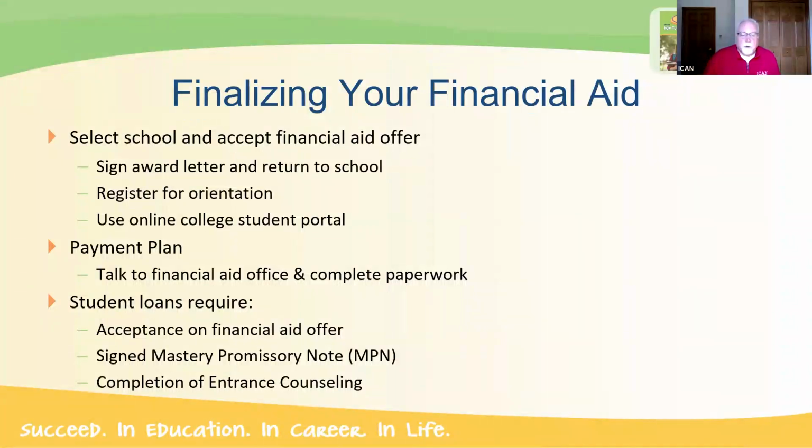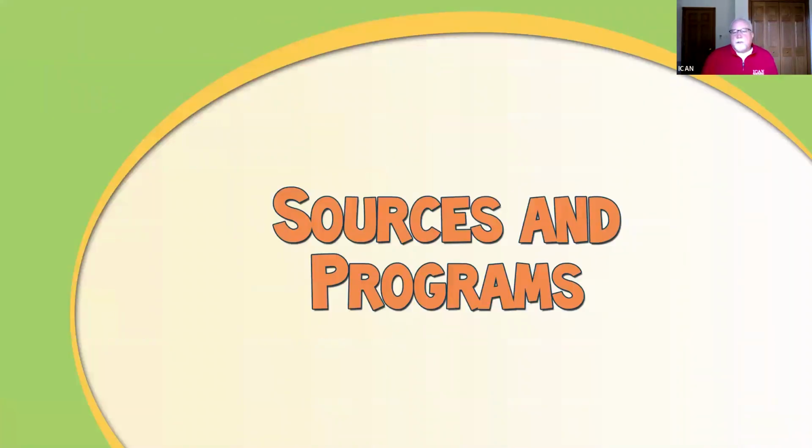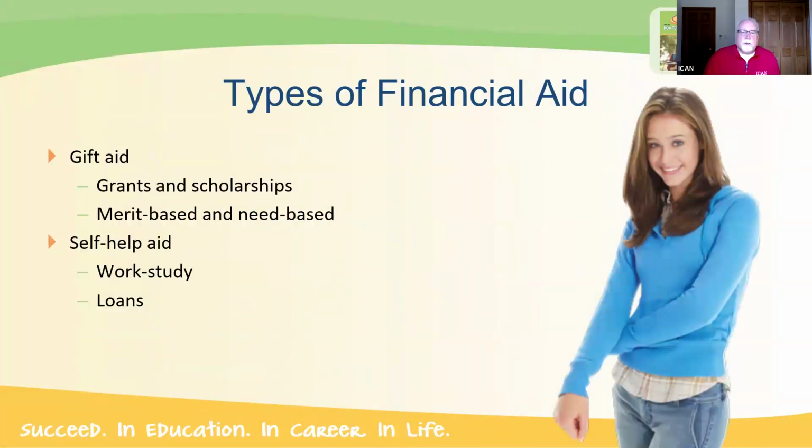So I want to talk just a little bit about the different kinds of financial aid that you might find on these financial aid offers. I'm not going to go into a lot of detail, but I do want to talk about a few things. We talked about this at the beginning. There's two kinds of financial aid. There's grants and scholarships you don't pay back, and then there's the self-help financial aid.